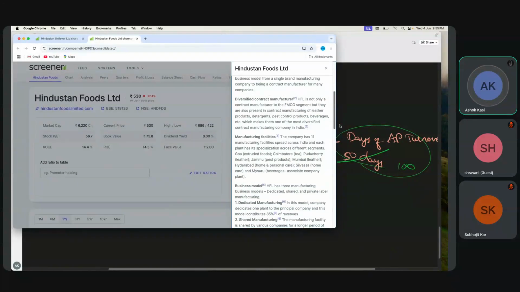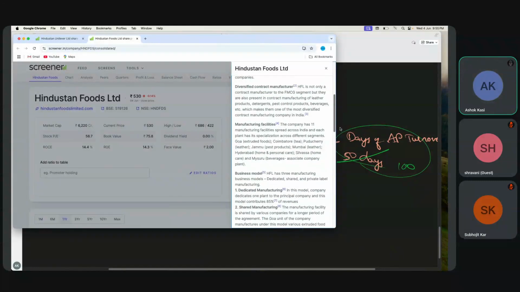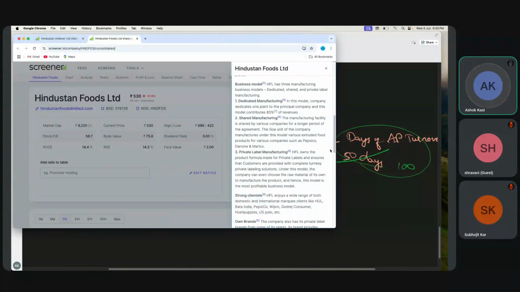Is there any known product? Okay, so Hindustan Lever is also your client.